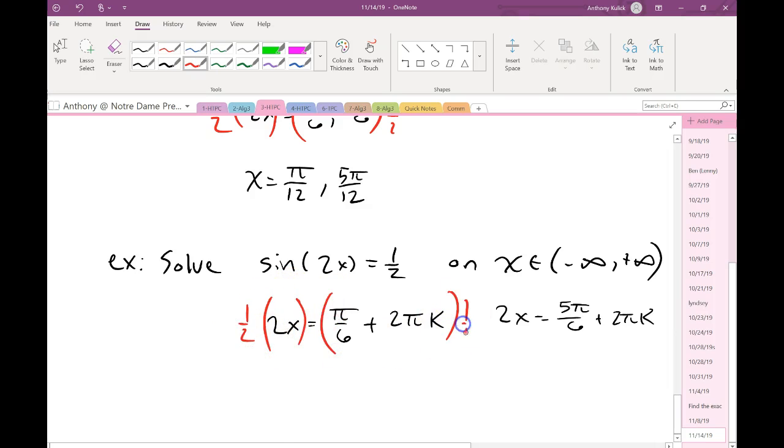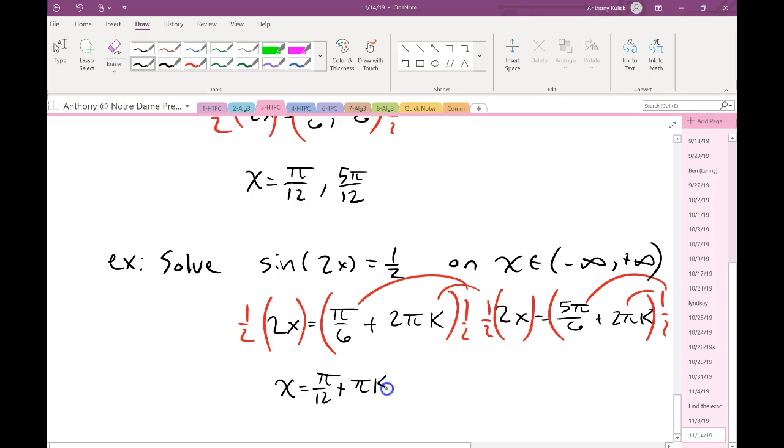Now, when I multiply both sides by a half, that 1/2 distributes. And my two answers are pi over 12 plus pi k and 5 pi over 12 plus pi k, where k is just some integer.